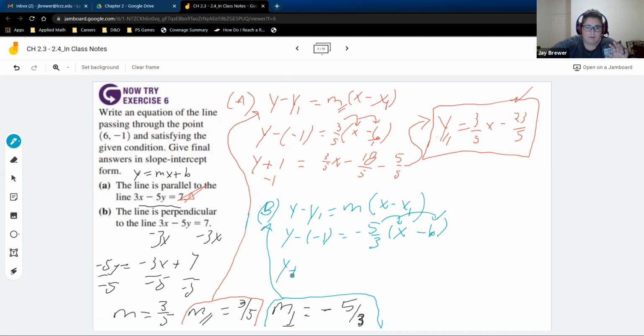So y plus 1, and then negative 5/3 x, and then negative negative gives us a positive. And then remember, we're doing tops and bottoms, so 30 over 3. 30 over 3 is the same as saying plus 10.